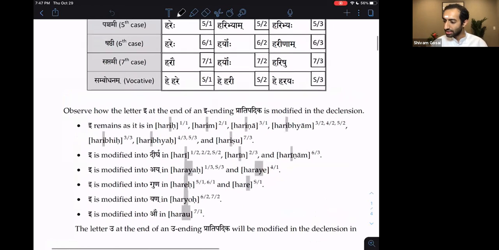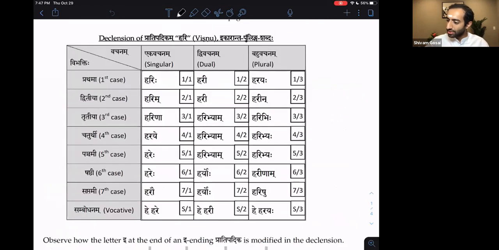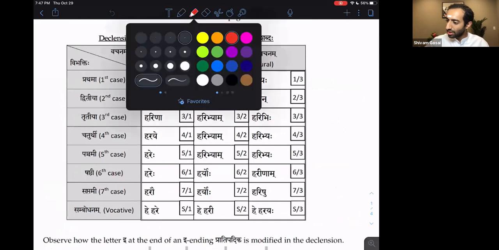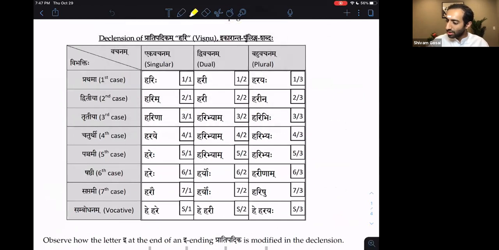Let's highlight those. Harihi, Harim, Harina, Haribhyam, Haribhihi, Haribhyaha. Any that I'm missing? Harishu. So all of these are that short ikara. It stays short.